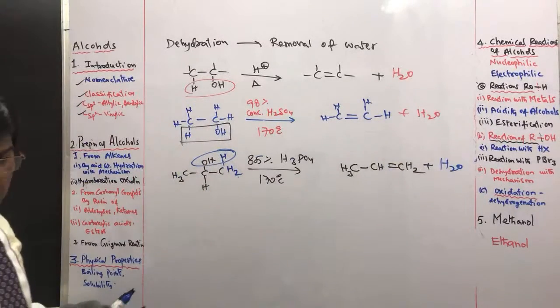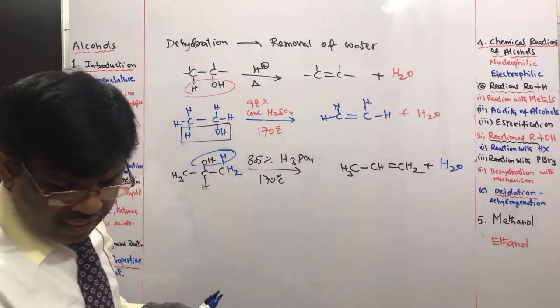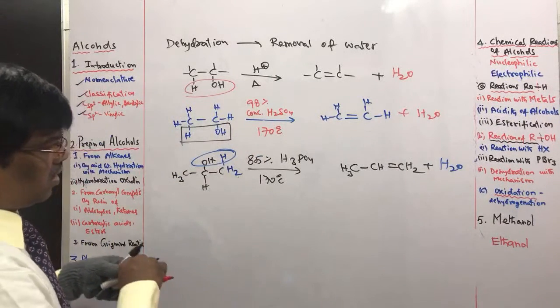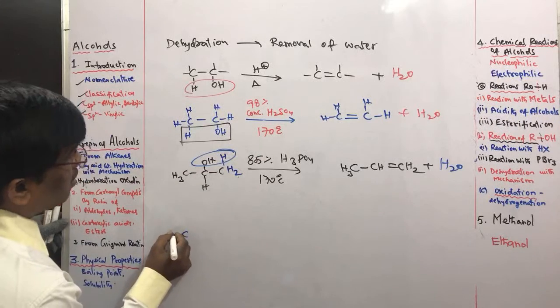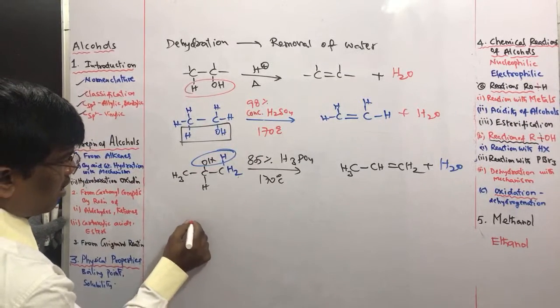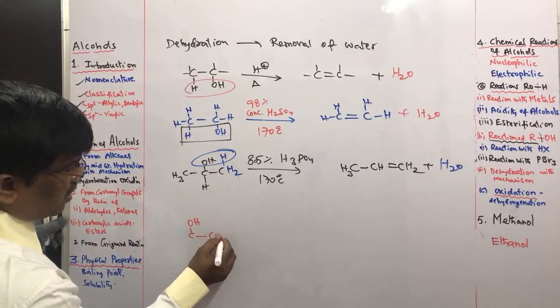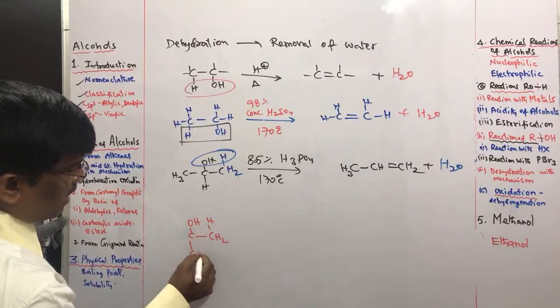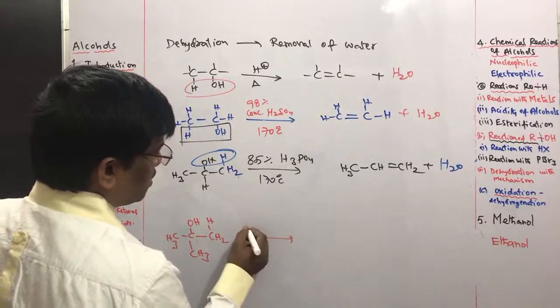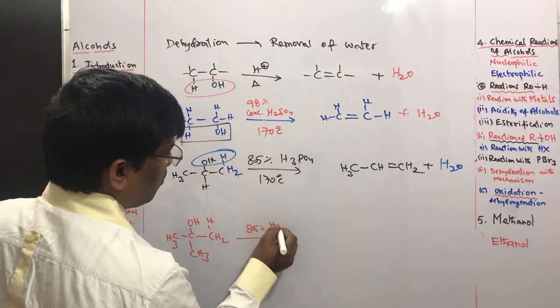Right, students? Now when it comes to tertiary alcohol, with CH3 here, it requires the same acid, H3PO4.